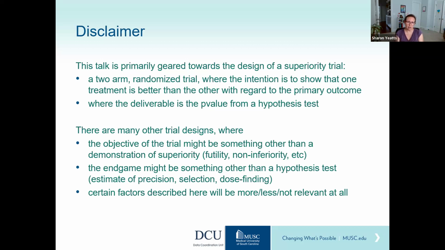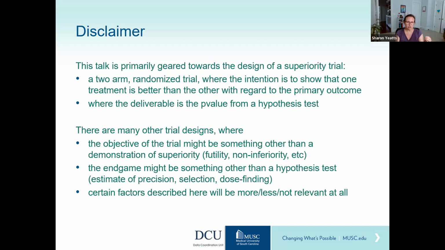So this particular hour is going to be geared for the most part towards the design of a superiority trial. So that means we're talking about a 2-arm randomized trial where at the end of the day, what you really want to do is say that one treatment is better than the other according to some primary outcome.